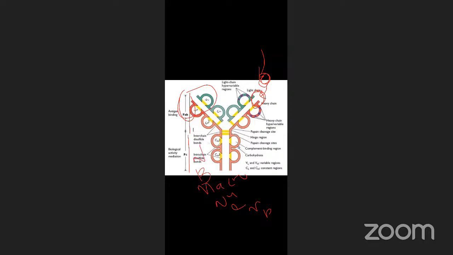Natural killer cells also have Fc receptors for different types of antibodies, and so do eosinophils, mast cells, and basophils. These cells have Fc region receptors on their surface. So the antibody goes and binds with those Fc receptors with the help of the Fc region. This is about the Fc region.